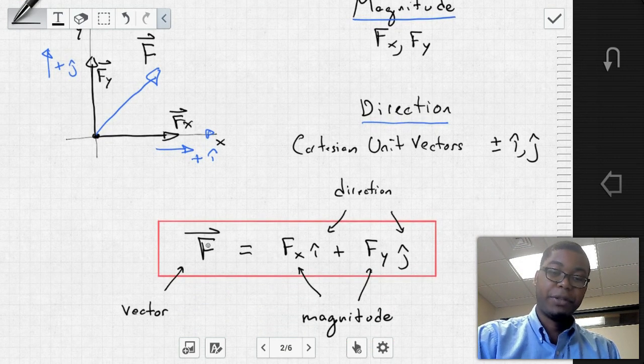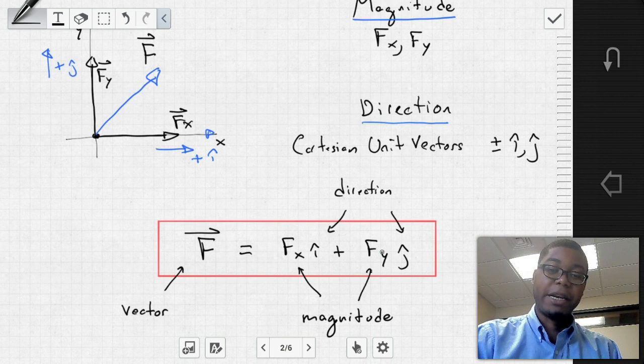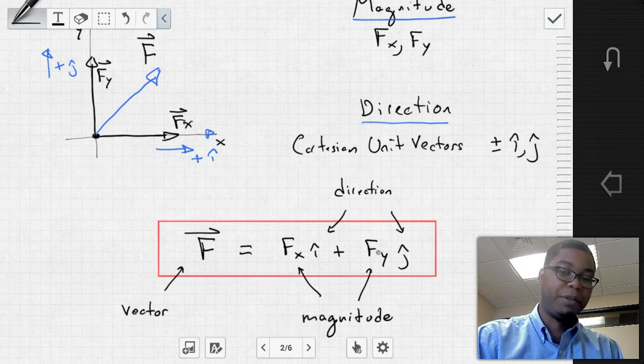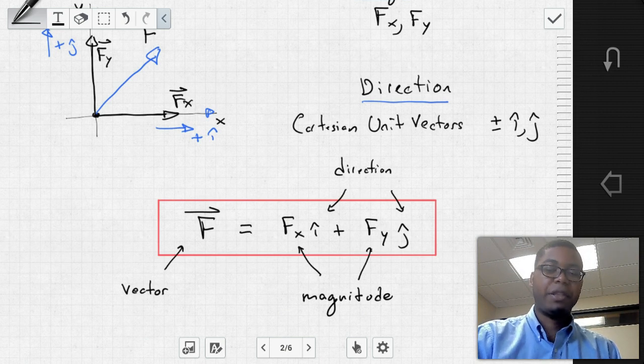So we have our force vector, and it's equal to the magnitude Fx times the direction i, where i is a positive direction, so we just put the i with a tilde over it, plus the magnitude Fy times the direction j, where since j is positive, it remains positive. So we have our vector, and we decompose it into the components in the i direction plus the components in the j direction. And this is called Cartesian vector notation.